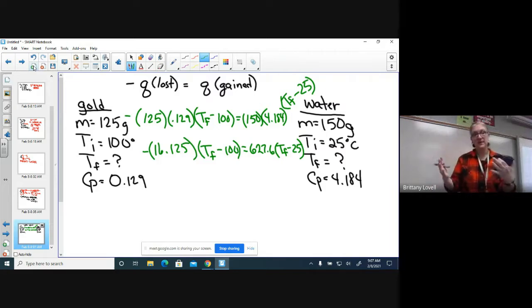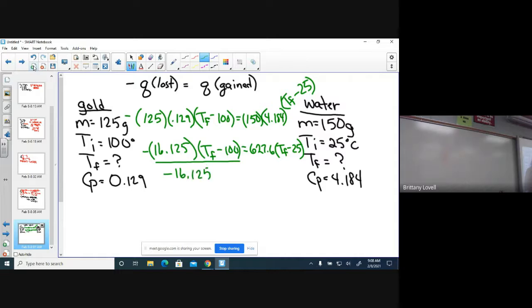So before I start trying to distribute, I'm going to go ahead and bring over one of those numbers. Let's take over the 16.125. So I'm going to divide both sides by negative 16.125. When you do that, negative 16.125 cancels out on that side, right?